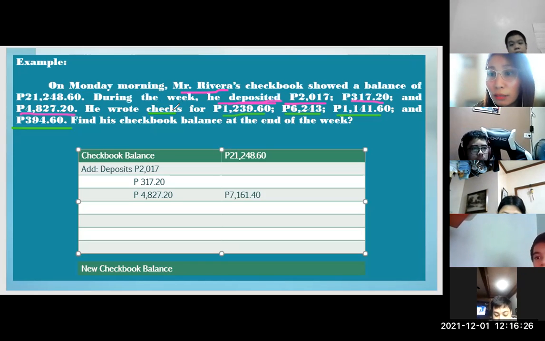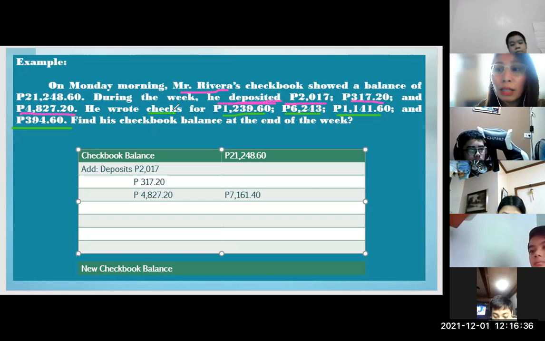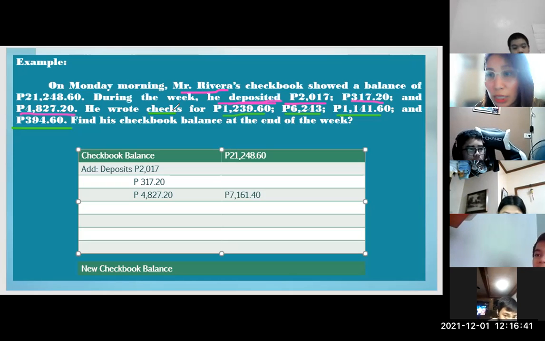Checks are a piece of paper that is considered cash, right? But it's a piece of paper that is equal to the amount, equal to the value of cash. Pero paper lang siya. Okay, check.